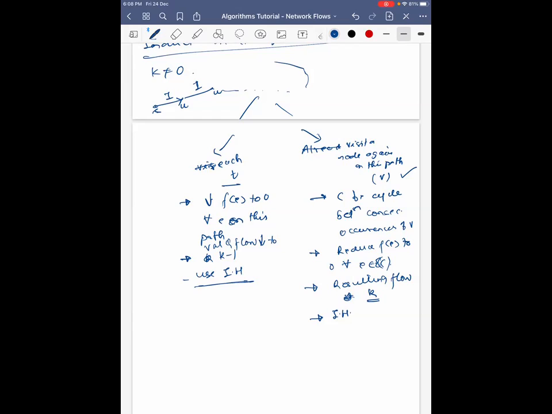So we're inducing on the number of edges, and we're saying that if there is a K flow, we can divide this K flow into K disjoint paths.